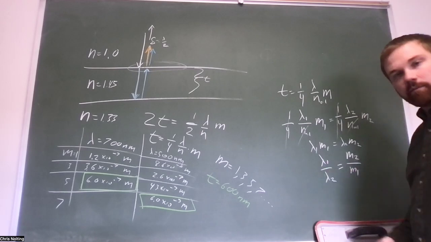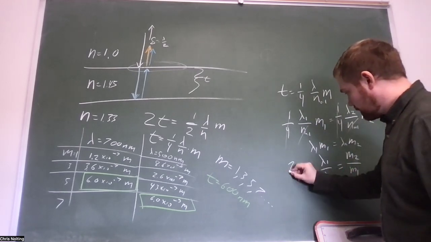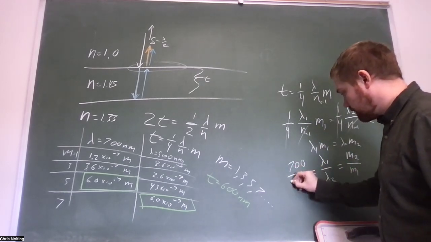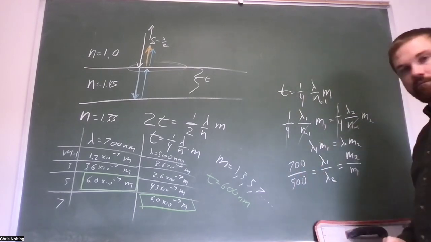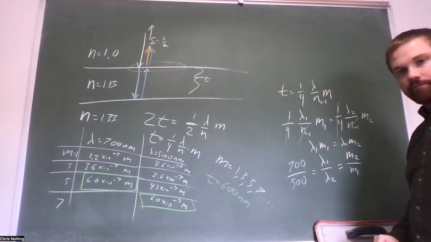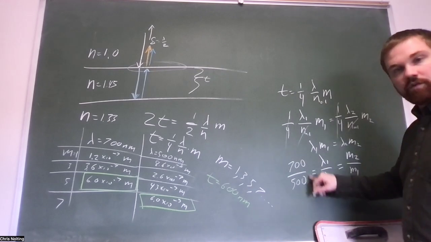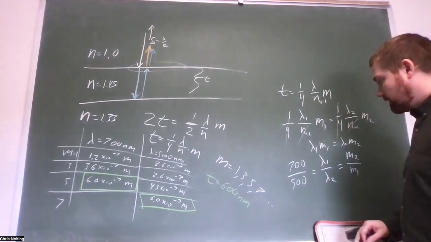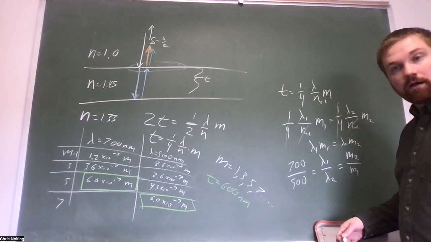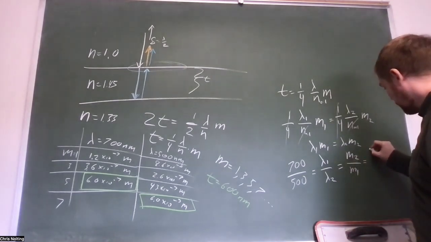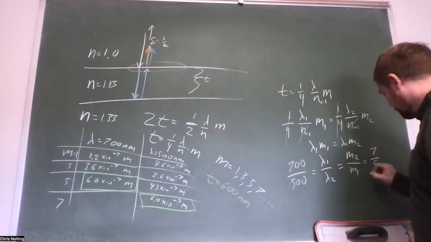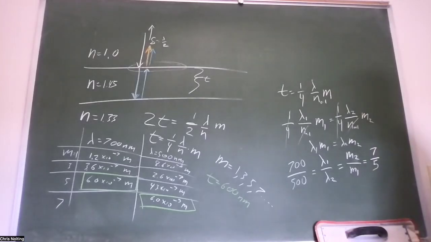And now I can plug these numbers in. This is 700 over 500. Well, I can simplify this ratio and divide top and bottom both by 100. So this has to equal 7/5 as well.